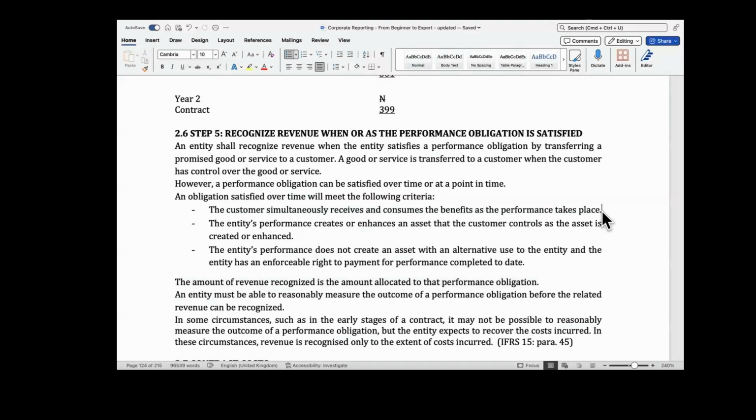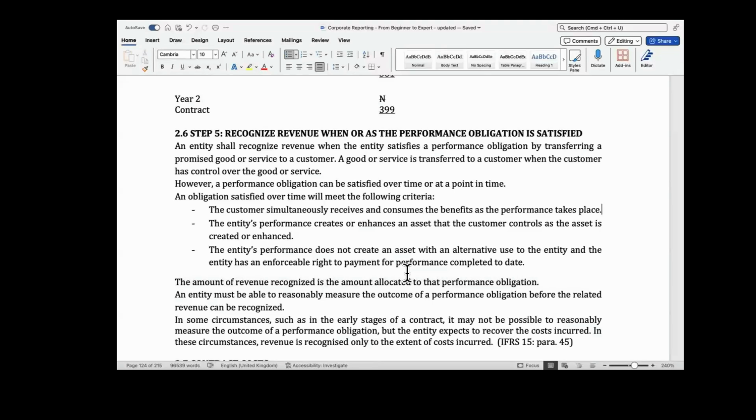So it is simultaneous, right? You are working at the same time as he's enjoying the benefit, right? But it might also involve maybe the performance obligation is an asset that you have to create. So as you are creating, the customer is getting control. They are simultaneous, they are at the same time like that.